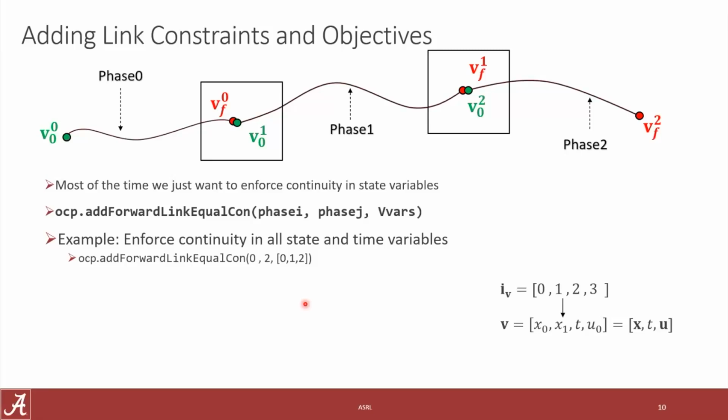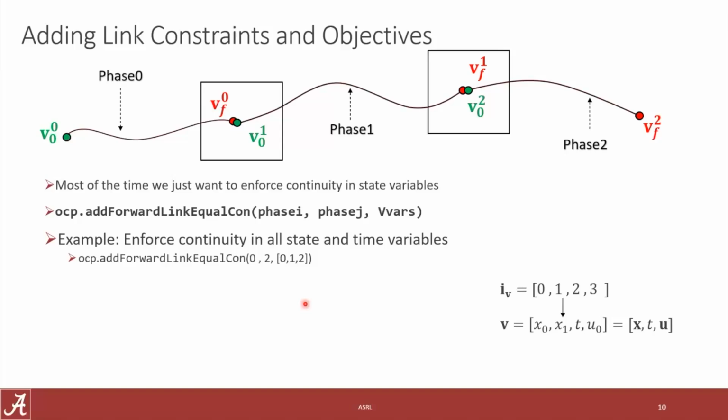So you're modeling, say, an impulsive burn where your spacecraft is flying out, then you do some impulsive burn at this phase linking region. So your first phase is coast up to where you want to do the impulsive burn. The next phase is after you've done the impulsive burn, you go fly out.